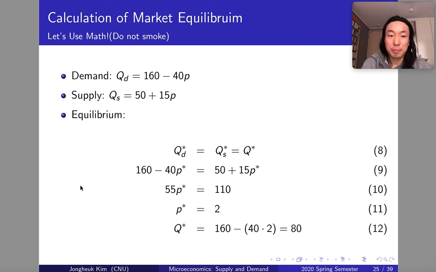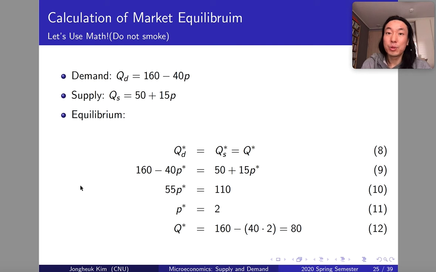By defining Q star, we can remove one unknown variable, because of simple mathematics. If you solve for two unknown variables, then you need exactly two equations.